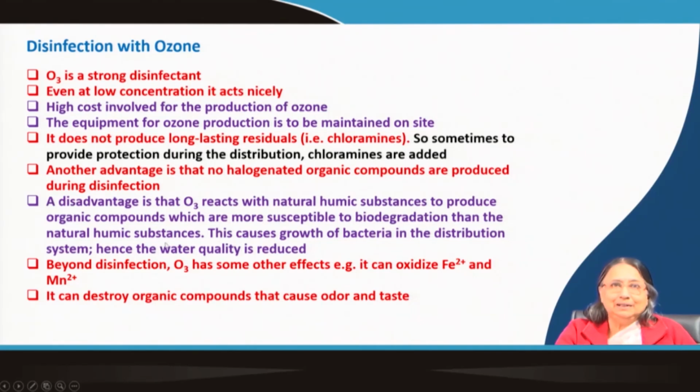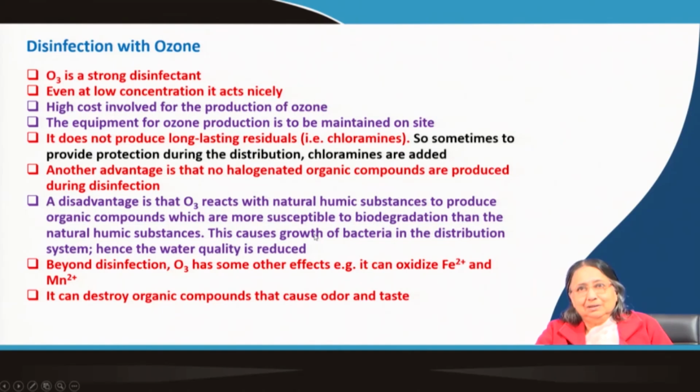Then what will happen? It causes growth, because when biodegradable substances are present, bacteria will grow in the distribution system, and water quality will be reduced. So, that is a disadvantage with ozone.